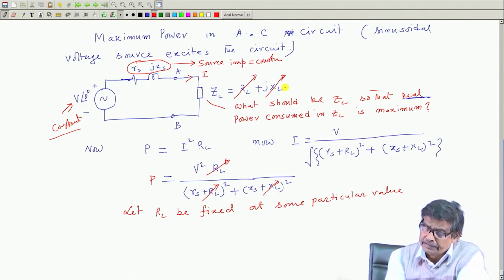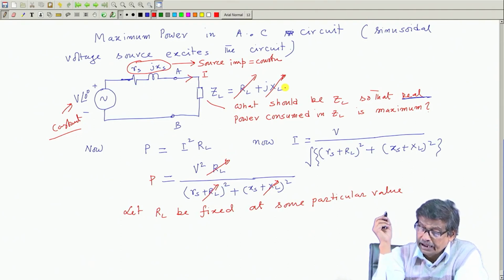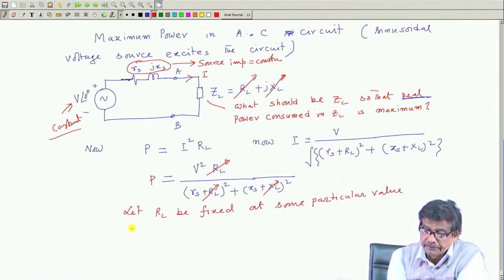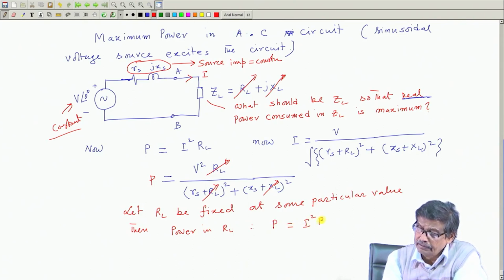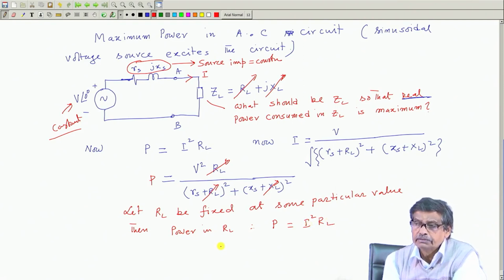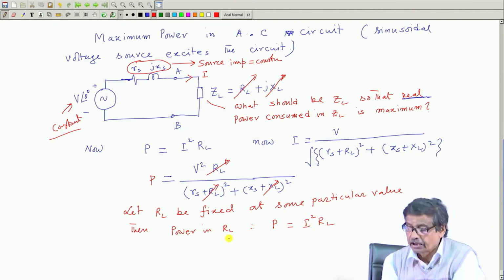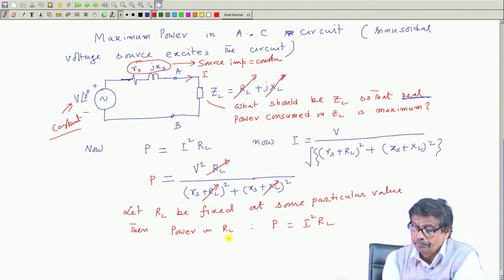Then the power in RL will be P is equal to I square into RL, is it not? And RL being now fixed at a particular value, when will power be maximum? When I is maximum. When the RMS value of the current is maximum, then only power in this RL will be maximum.